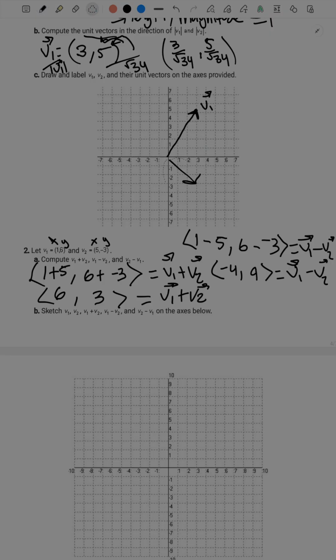So I can take this vector here and move it up here. And now this new vector here I can draw by going from the end of v1 to the end of v2. I'll call this v2. This is our new vector v1 plus v2.